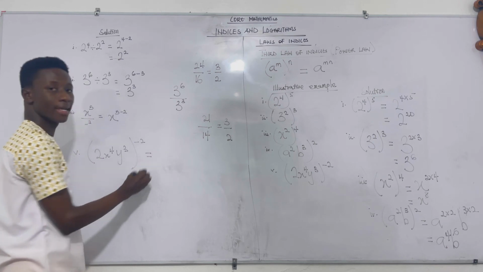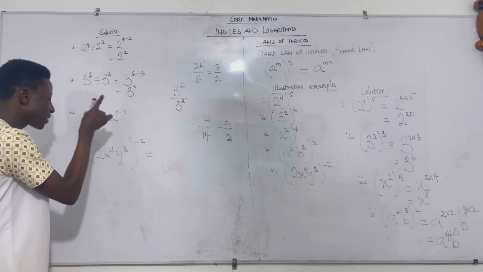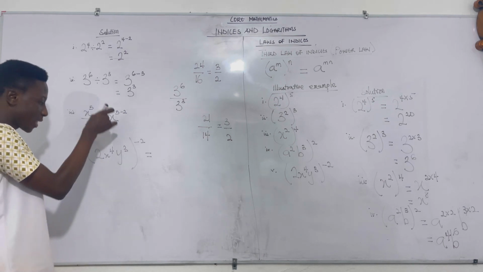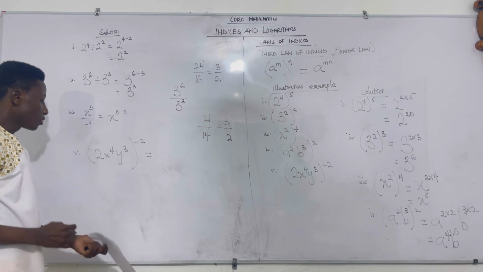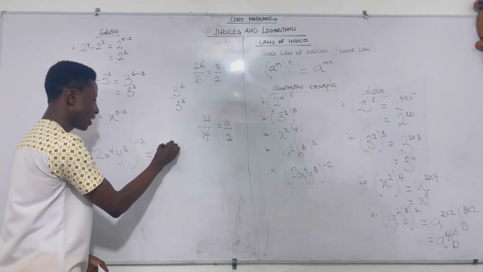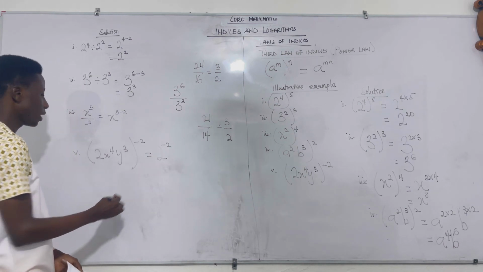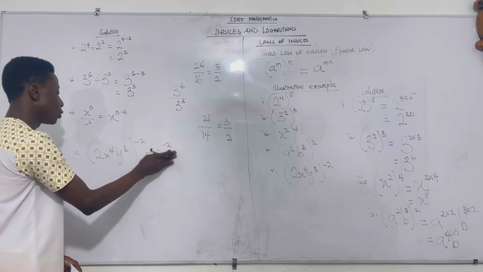So what is that? If you listen attentively, I said the power must affect each single term in the bracket. So 2 will get a share. 2 will be affected. So 2 exponent negative 2.